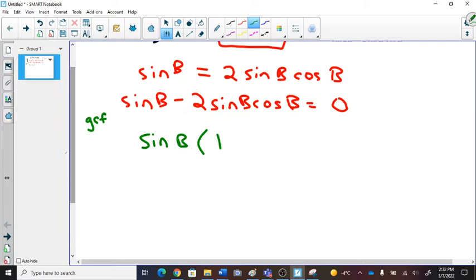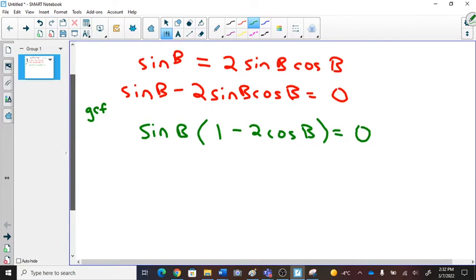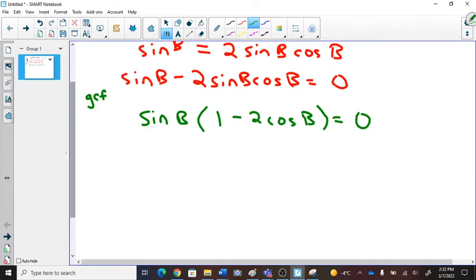And if you were to divide a sine b out of the second unit, okay, are we good with that? If you feel like you didn't do it right, you can always check. Does it multiply back? That's what you can do.